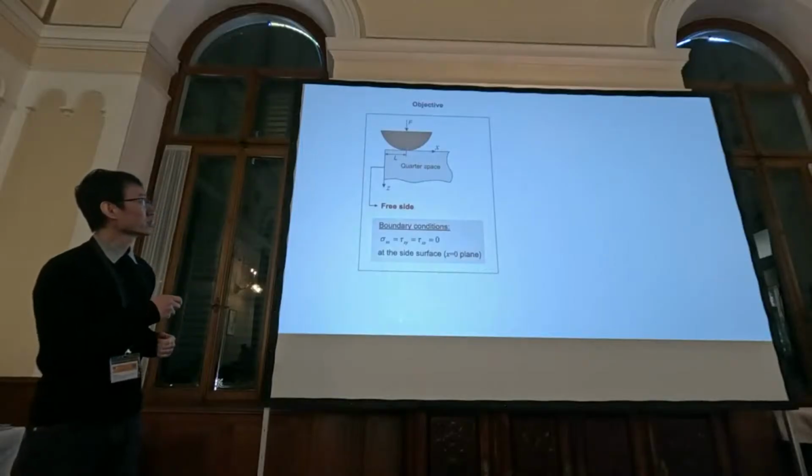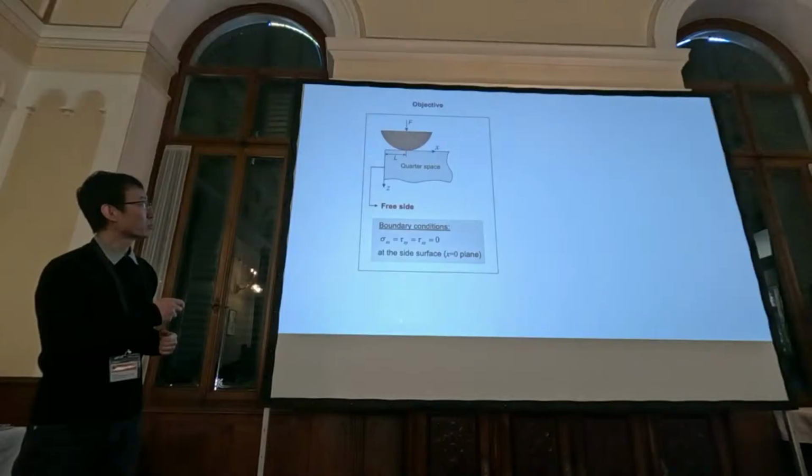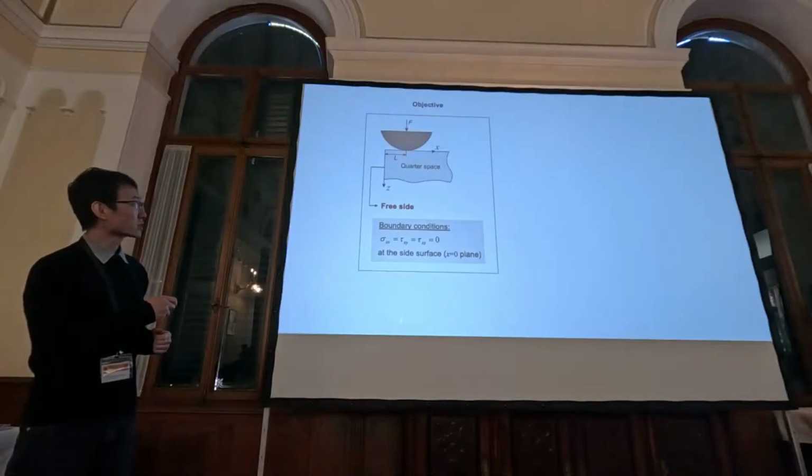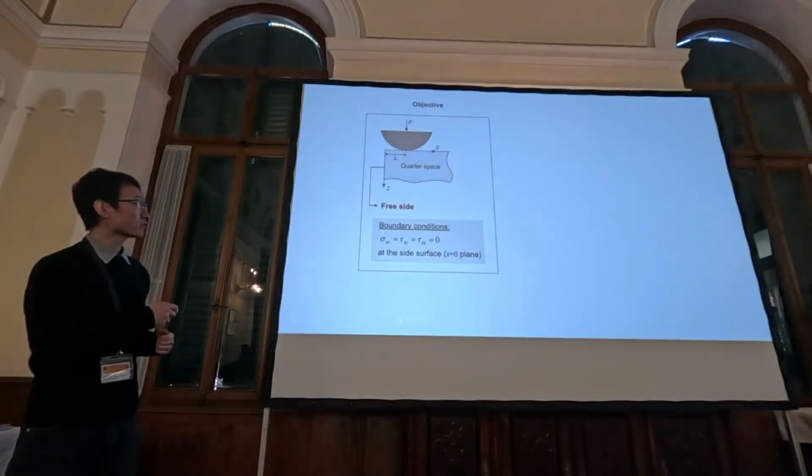So the indenter is located on the top surface of the quarter space by a distance L from the edge, or from the side surface. And the side surface is the x equals 0 plane. So this surface is free.